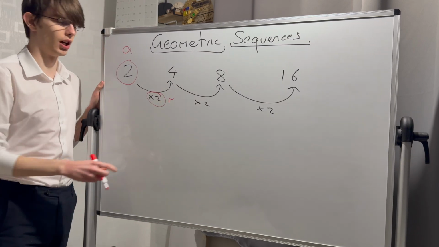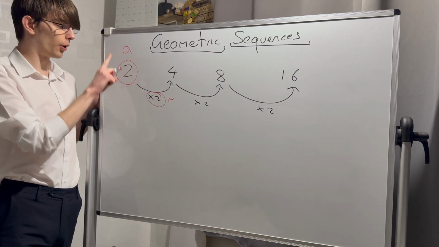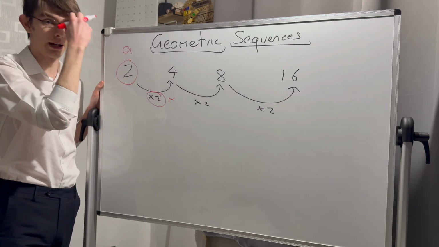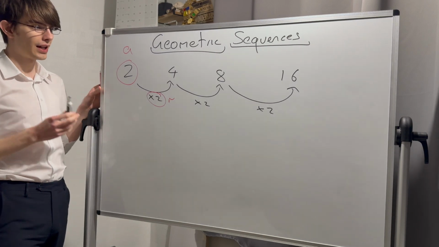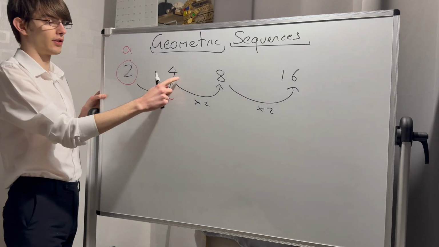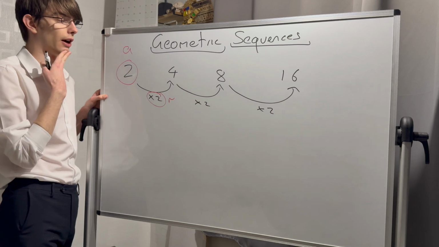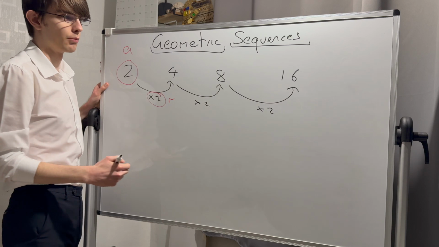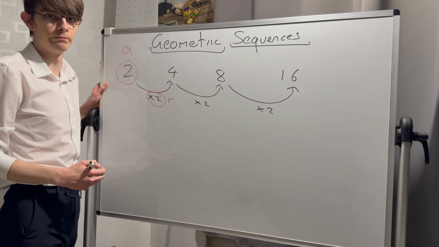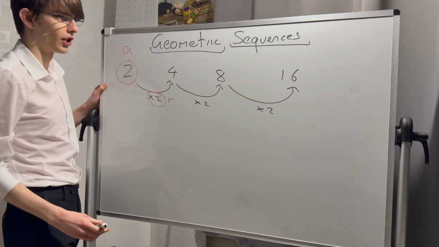My R's are a bit curly, sorry about that. So A, my first term, R, whatever I am multiplying each term by. So let's have a think. How do I get from the first term to the second term? Well, I multiply by R, right? And then how would I get to the next term? Well, I'd multiply by R again. What about to get to the fourth term?